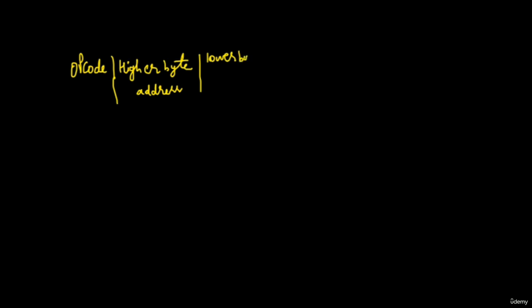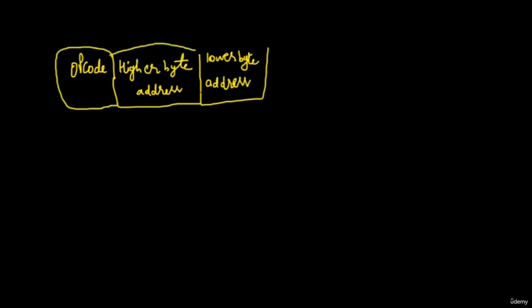So this is what we have. This is our three address format, and the first one is presenting, as we know, the operation code. So this is required, and we require this in all kinds of formats. So this is the operation code.